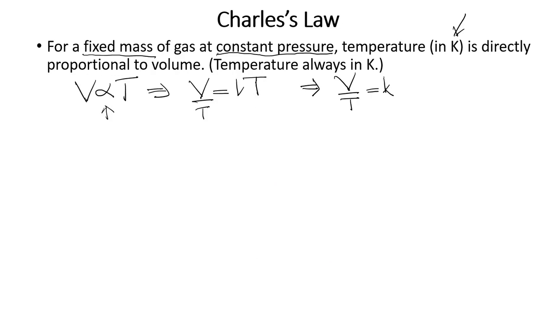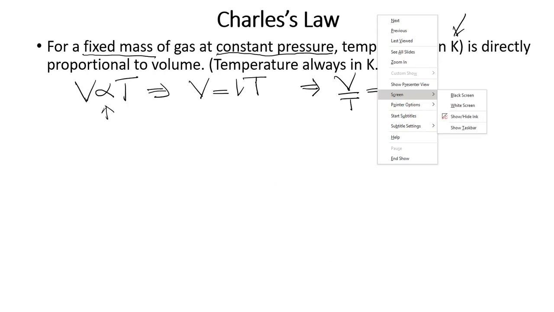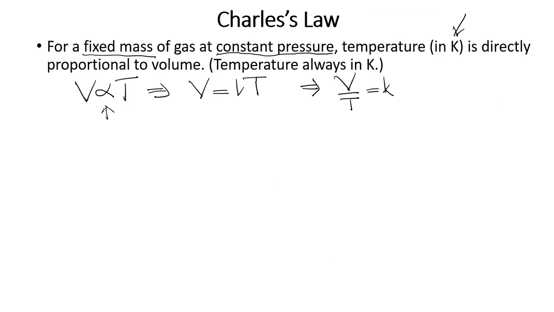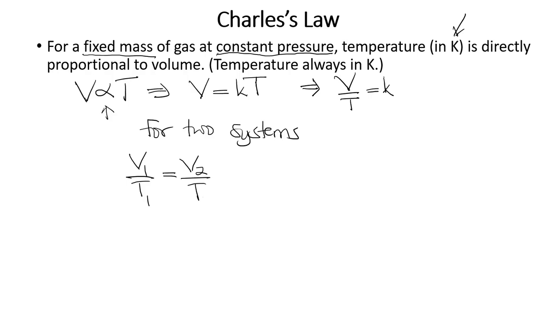And that is Charles' law. So I just write this K again. Now, this law for two systems, if you are showing it for two systems, you can say V1 over T1 is equal to V2 over T2.